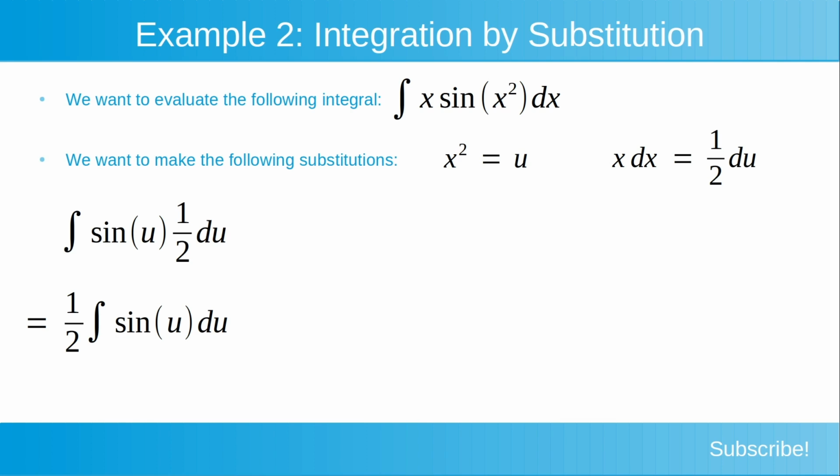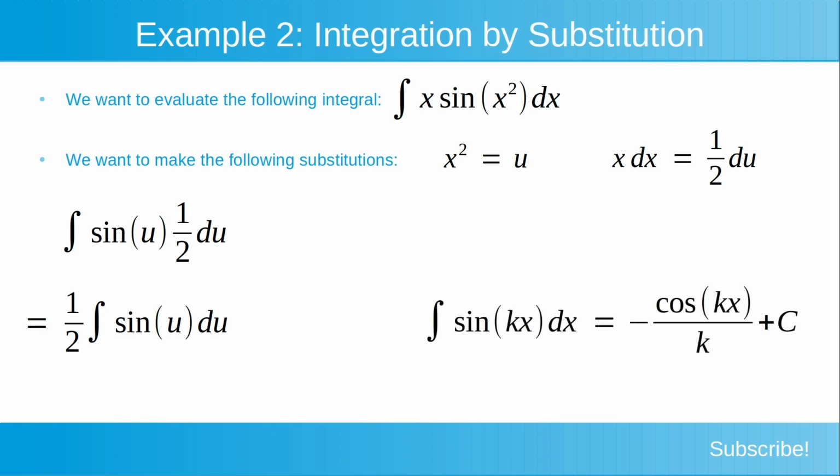We can do that using the formula currently displayed at the bottom right hand side of the screen. This formula says that the indefinite integral of sine kx dx is equal to minus cos kx divided by k plus c.